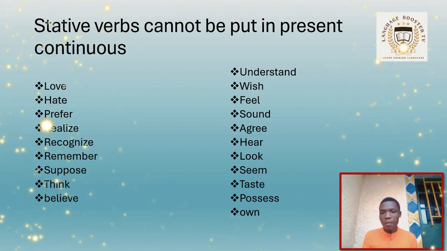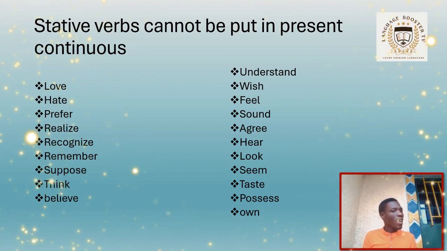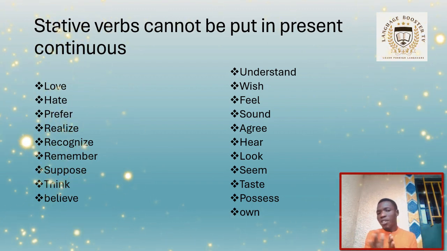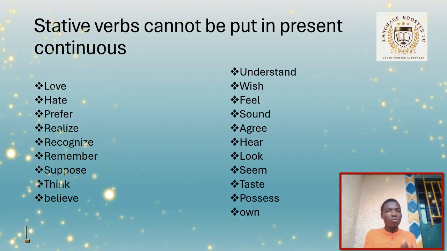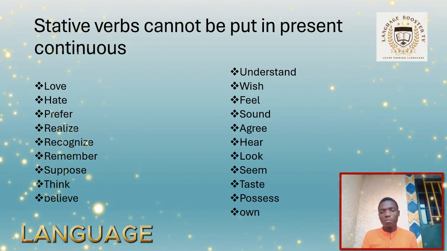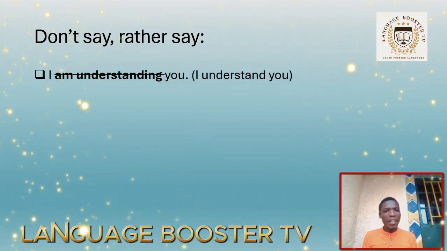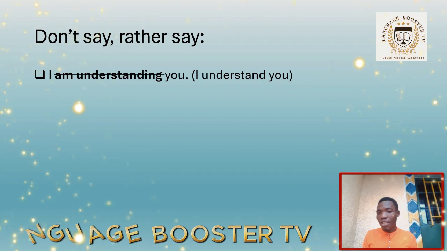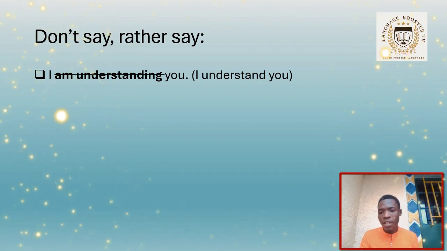All these verbs cannot be put in present continuous tense. Yes, it is a grammatical error to say I am loving, I am hating, he is preferring. This is not correct. You use present simple tense. Don't say, I am understanding you. Rather say, I understand you.